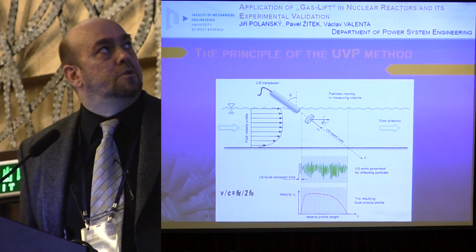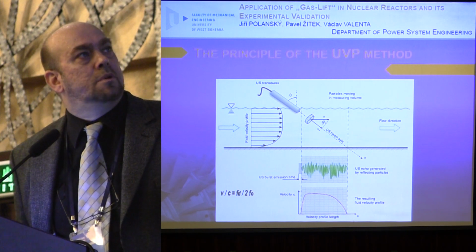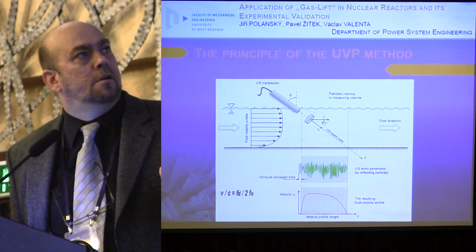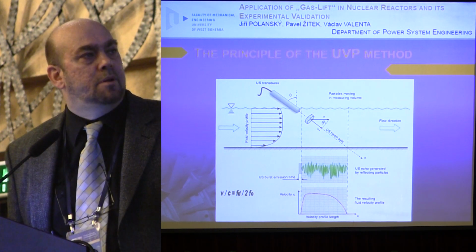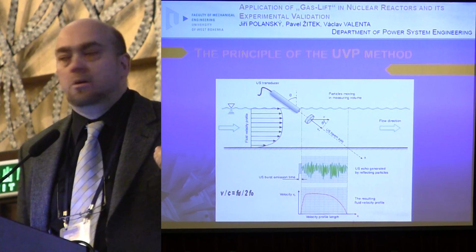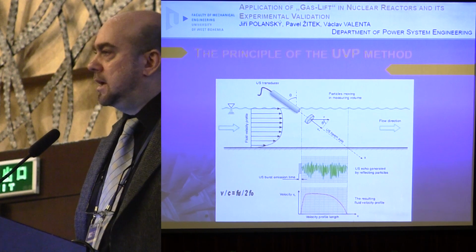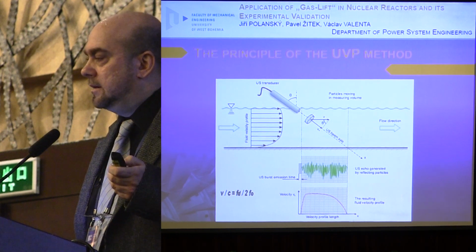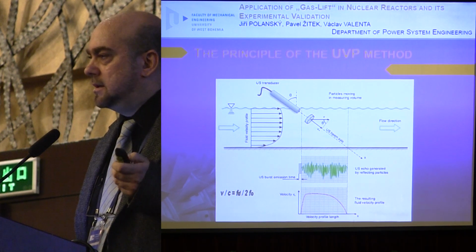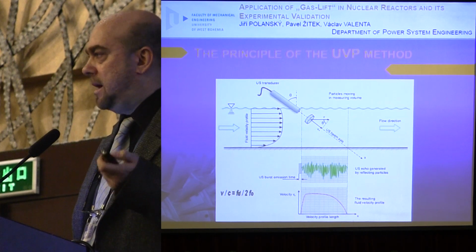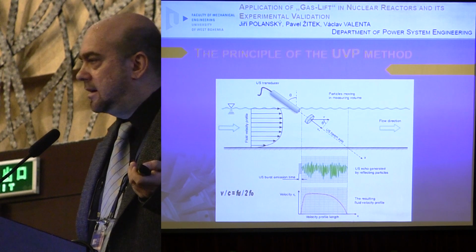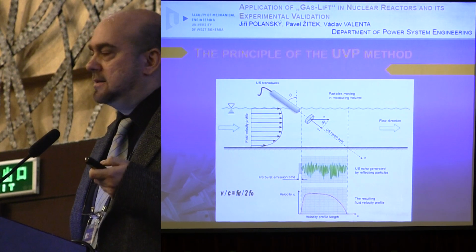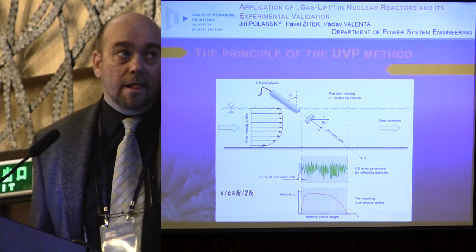The next method which we use is ultrasound Doppler velocimetry. The principle is known. In fact, both this acoustic method and the PIV method, which is the optic method, need particles. Unfortunately, both methods need different particles, of different size and different properties.